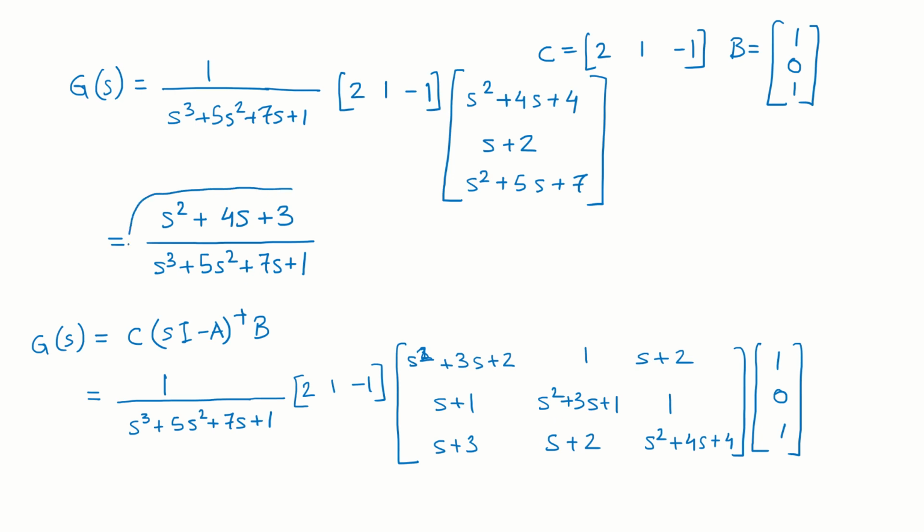So the transfer function is finally obtained from the state space representation. Okay. So now when you have obtained the state space, you have obtained the transfer function, you can also go ahead and find out the phase variable form, the rectangular form and the diagonal form that we have learned.